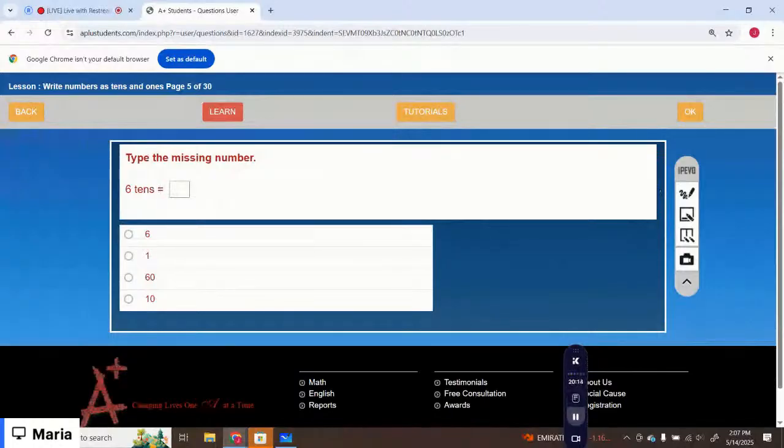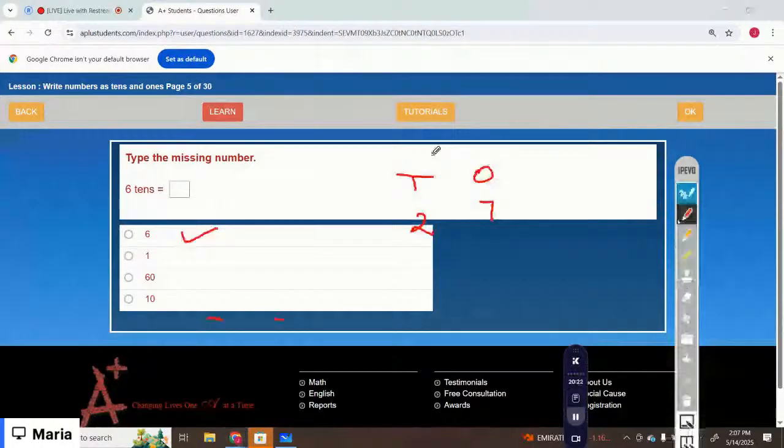The next one is 6 tens. You cannot write the addition without the ones, right? So there are no ones over here. That means the ones would be 0.